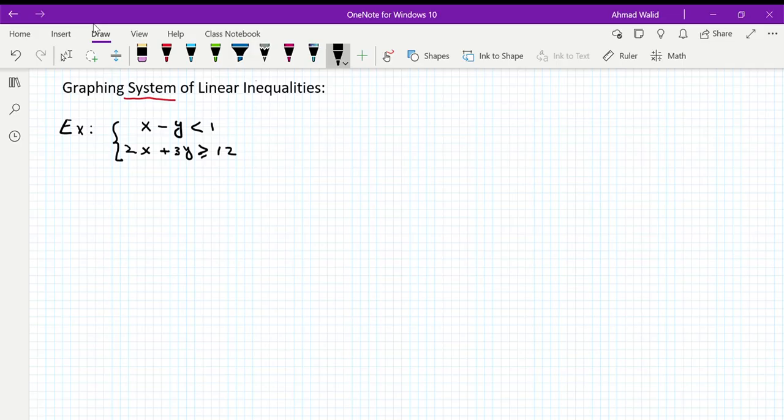To graph this system, you have to graph each linear inequality separately. Deal with each one separately, not both of them at the same time. And after that, it's really easy to graph, correct?